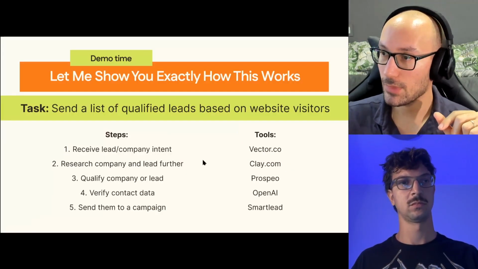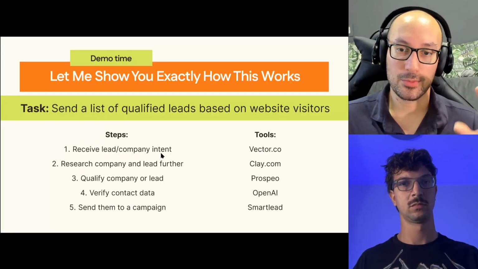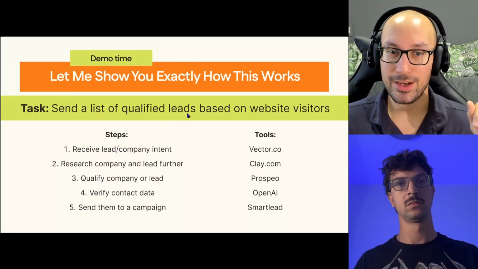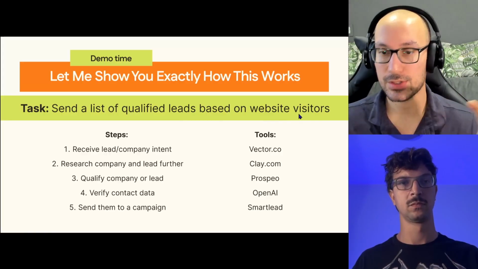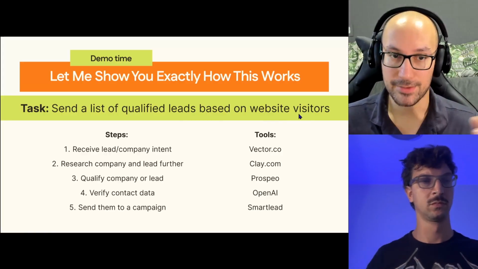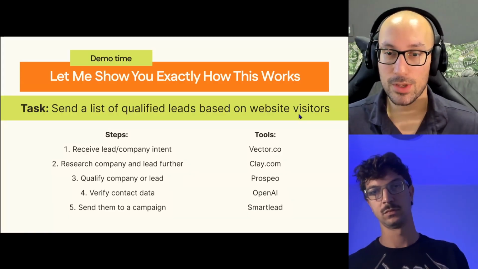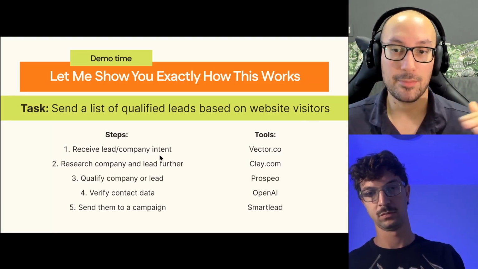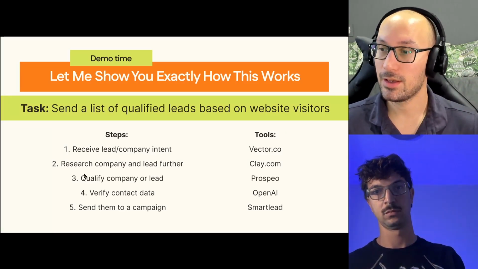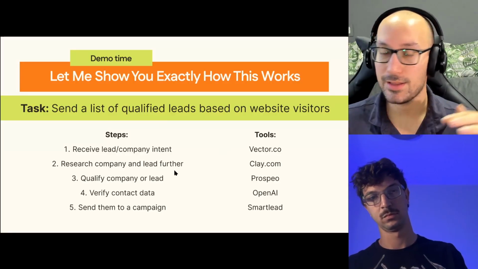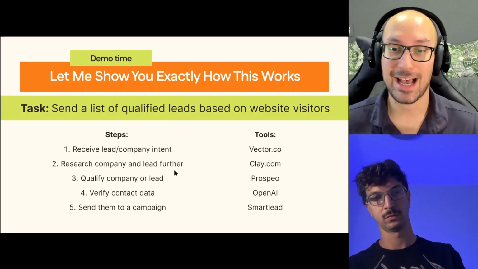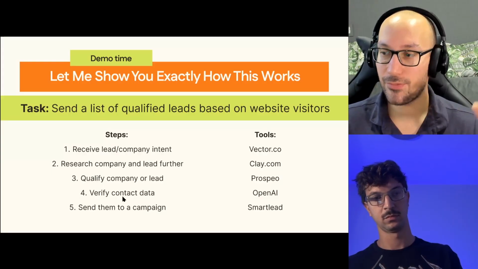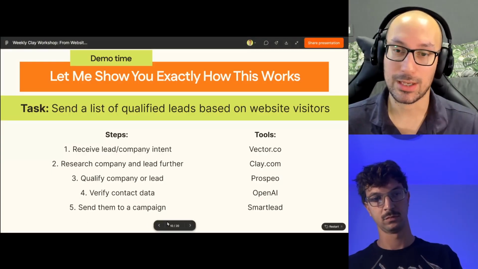So for today's demo, we're going to discuss how you can send a list of qualified leads based on website visitors into a campaign. So if you want to do this, you will need to receive the leads or company's intent, the ones that are visiting your website, research the company and lead further to actually have enough information to then qualify them, verify the contact data, and send them to a campaign to reach out to them.